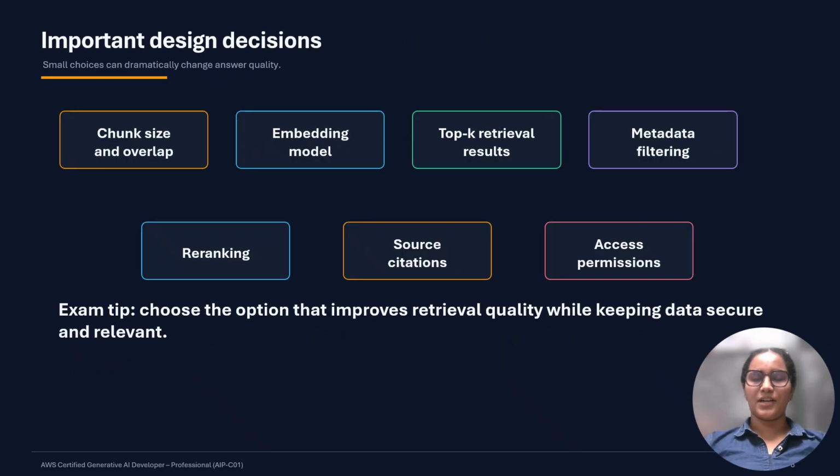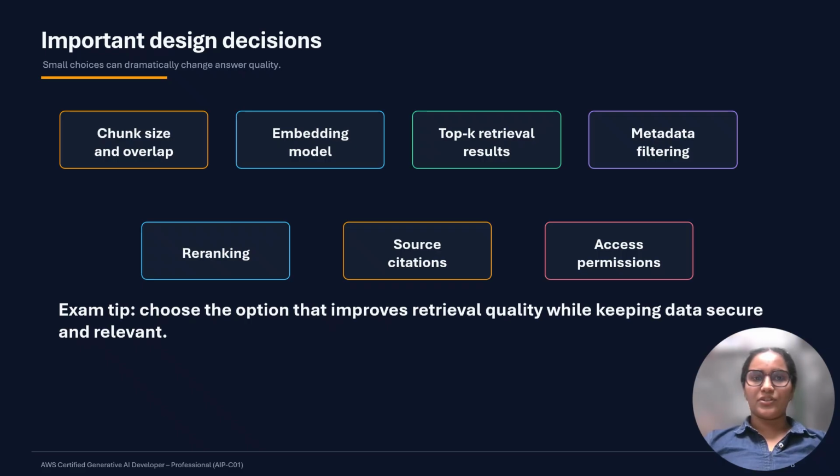RAG quality depends on several design decisions. Chunk size matters because chunks that are too small may lose context, while chunks that are too large may retrieve irrelevant information. Overlap can help preserve context across chunk boundaries. The embedding model matters because it controls how text meaning is represented.